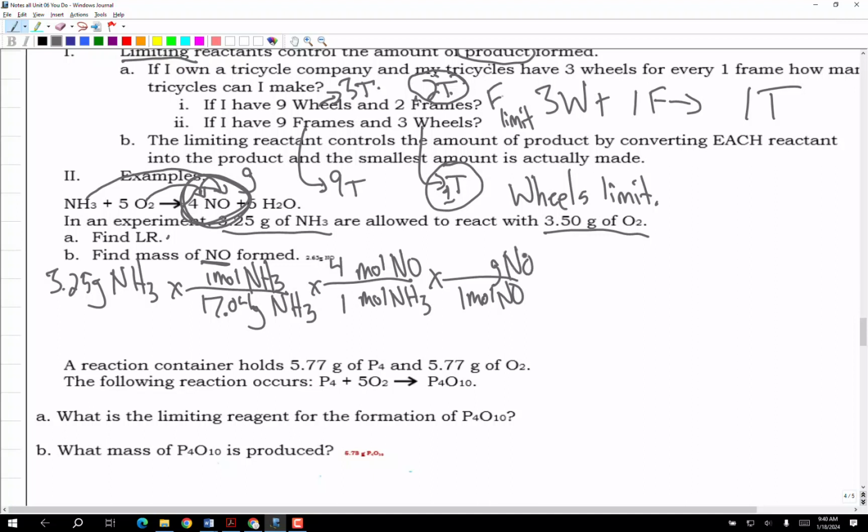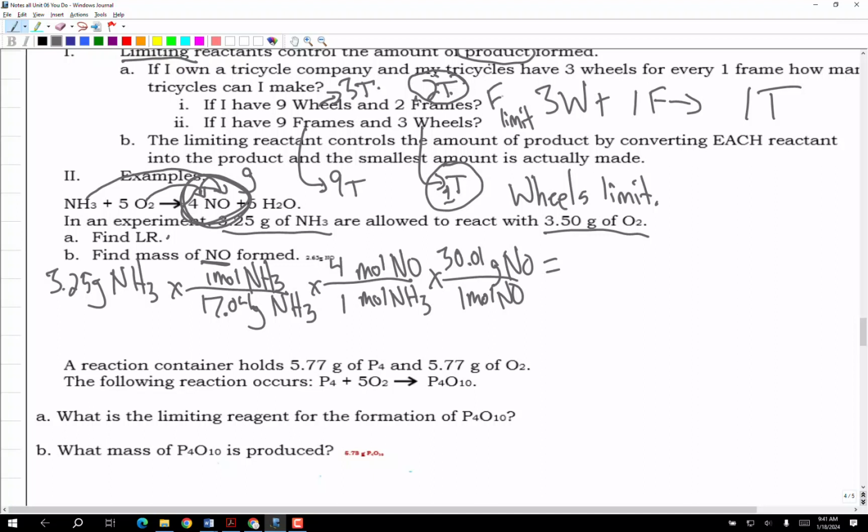And little g means grams, and little g means go to the periodic table. So nitrogen is 14.01, oxygen 16, that's 30.01. Let's get an answer, 3.25 divided by 17.04 times 4 times 30.01 is quit, error, go to. So that's not good.